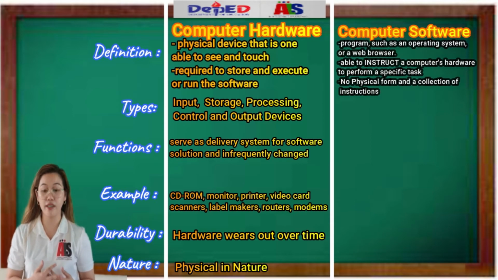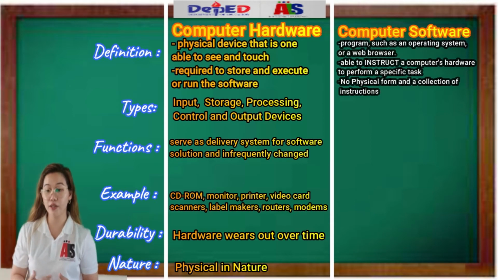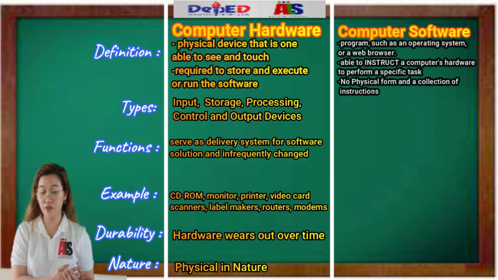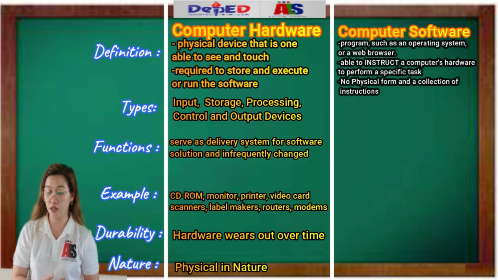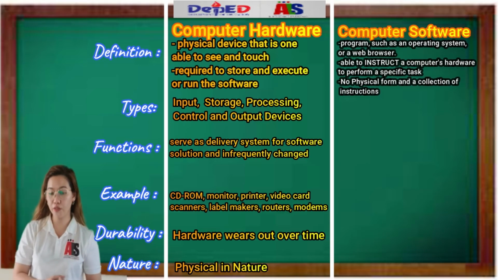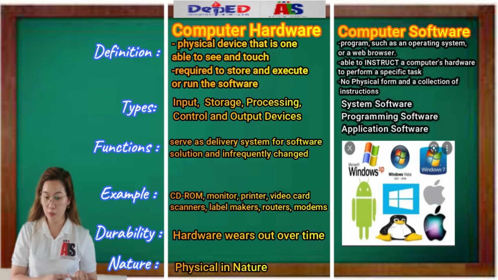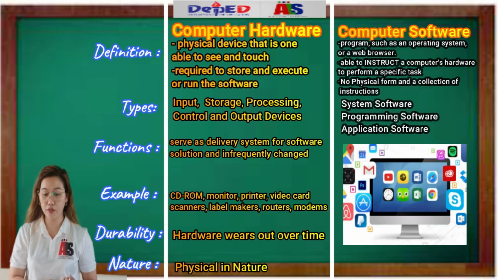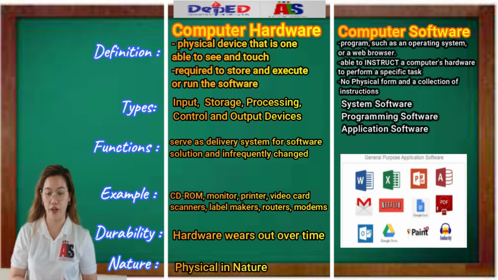Software is a program that enables a computer to perform a specific task, as opposed to the physical components of the system, or hardware. What are the types of software? We have system software, programming software, and application software.